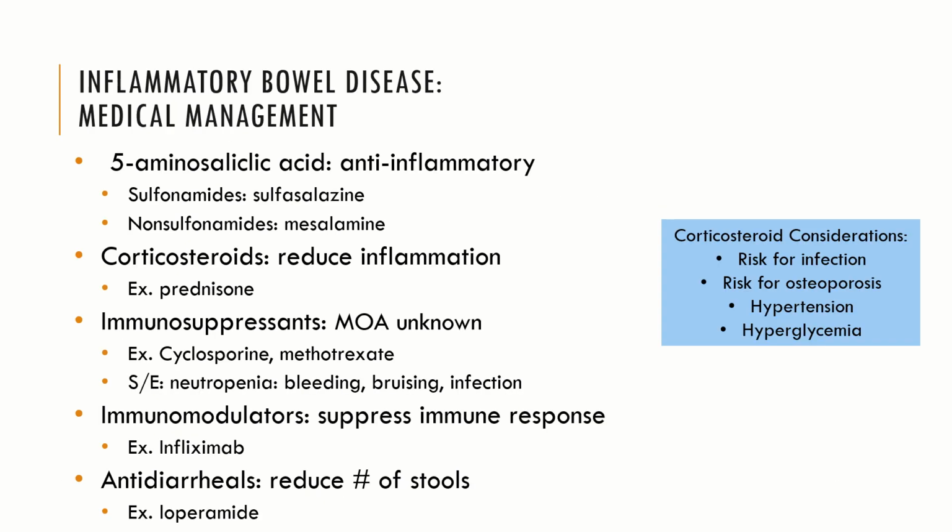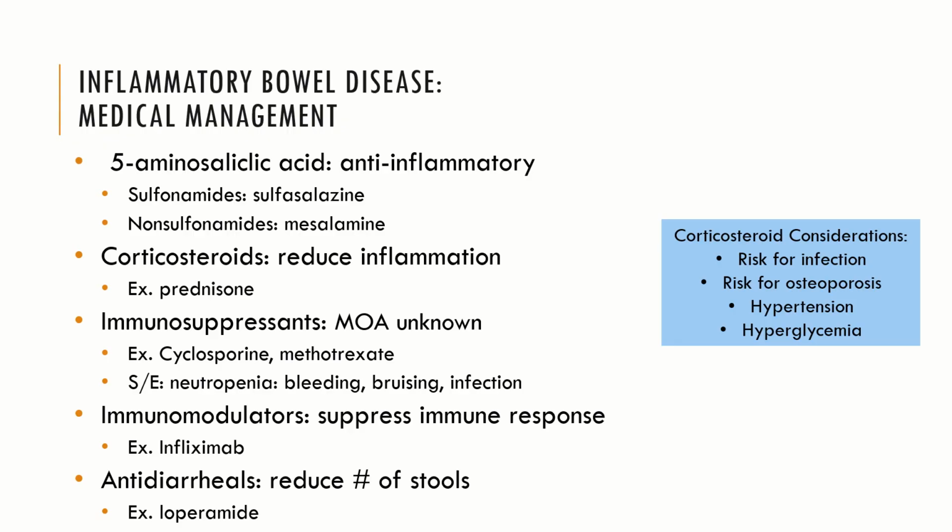There are 5 different types of medications that we can use for management of IBD. I just want you to know the 5 types. You don't need to know examples or med types. I just want you to know which meds and what they are used for, so their mechanism of action. For example, the first one, 5-aminosalicylic acid, is an anti-inflammatory. Corticosteroids reduce inflammation.